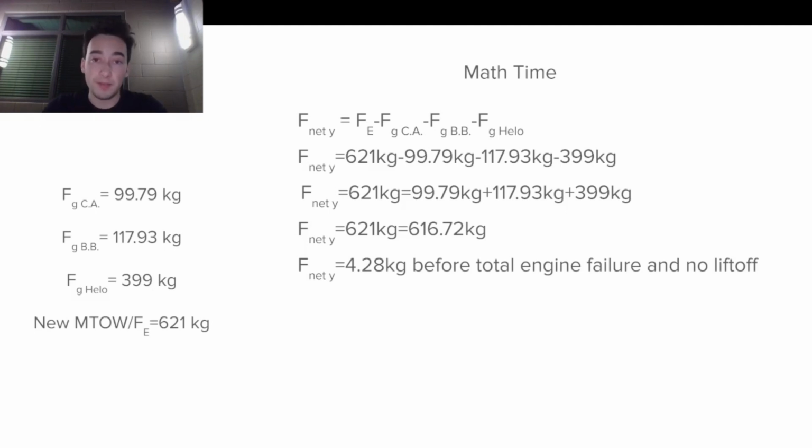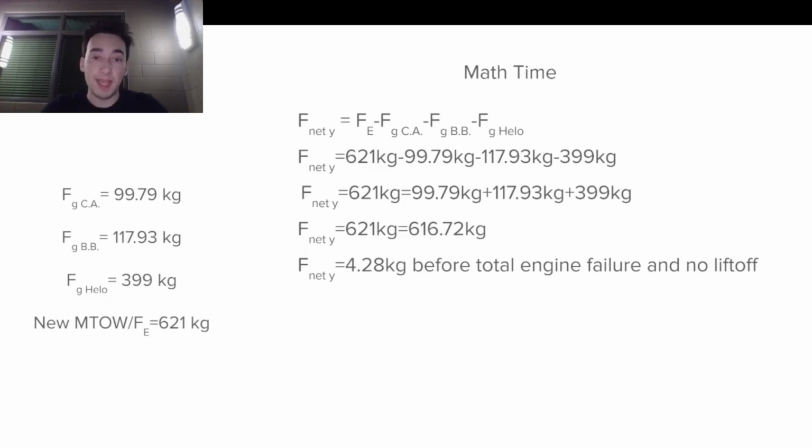When we condense all of those, we have our 621 kilograms for our FE and our 616.72 kilograms for our combined FGs. When you subtract all of our FGs from our FE on the other side, it gives you 4.28 kilograms before total engine failure.